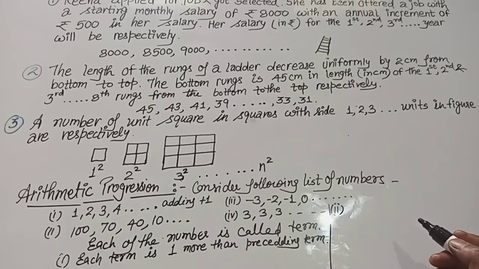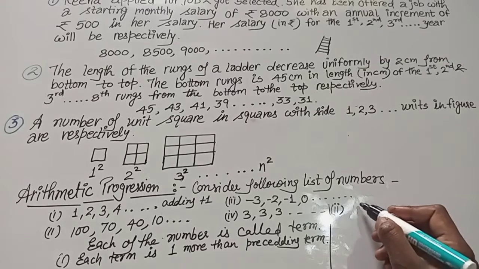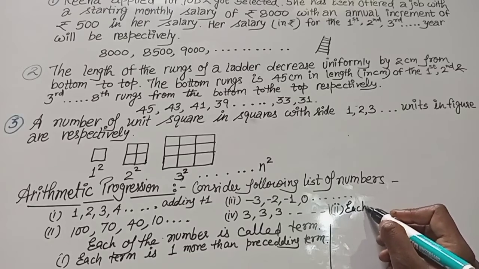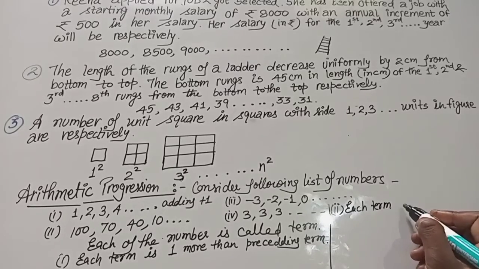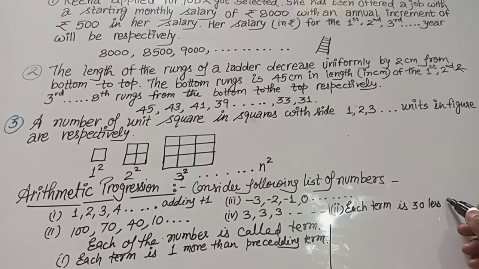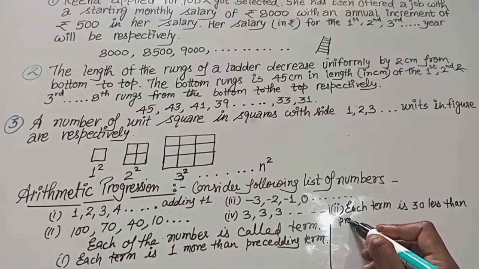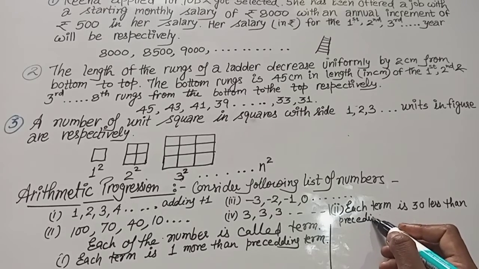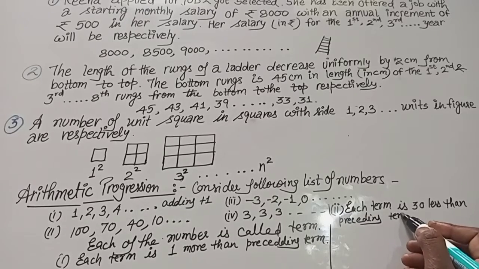The second one: each term is 30 less than the preceding term.